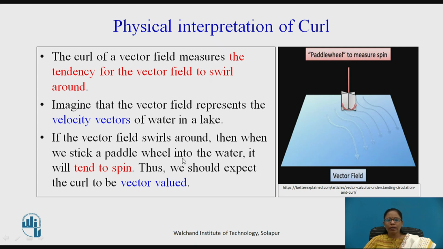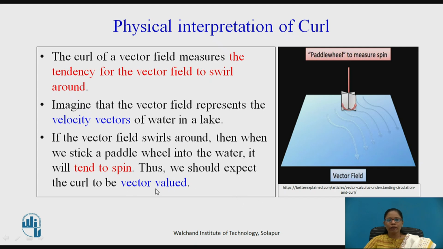Like when we stick a paddle wheel into the water, it will tend to spin. So this is a paddle wheel kept here. When water flows, this will spin, and this spinning itself is called a curl.